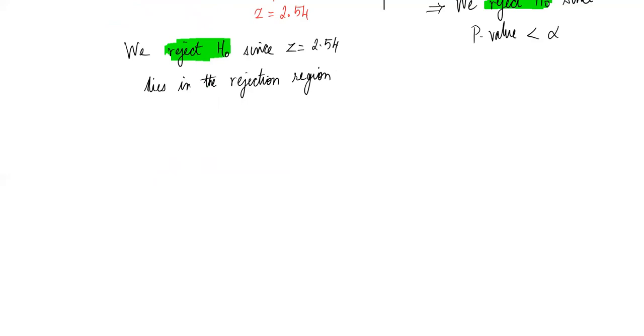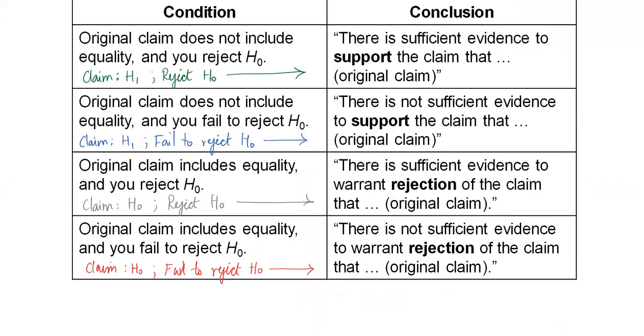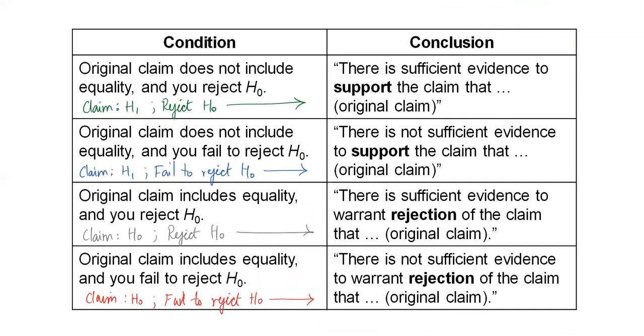Then we go to step 8. Restate the decision. No one outside the statistics world will understand reject H0, right? So we have to write it in a language that people can understand. And so if you remember, we went back to that conclusion table. So you have 4 ways you can conclude it, depending on how your values are sitting.